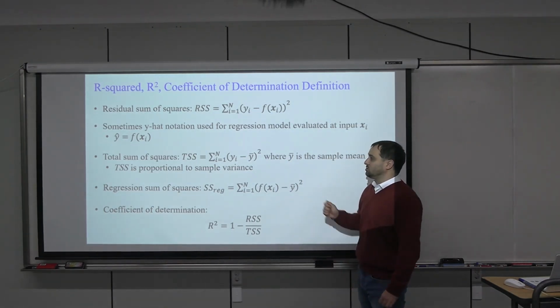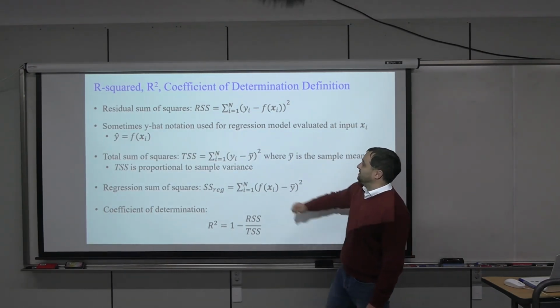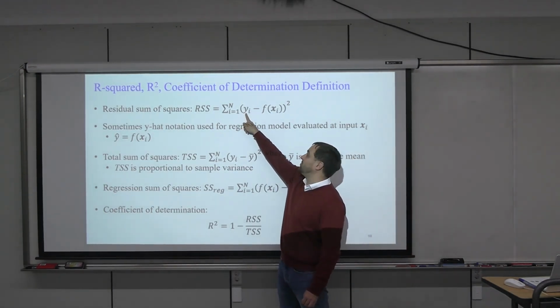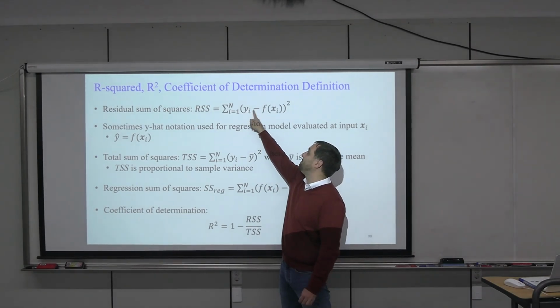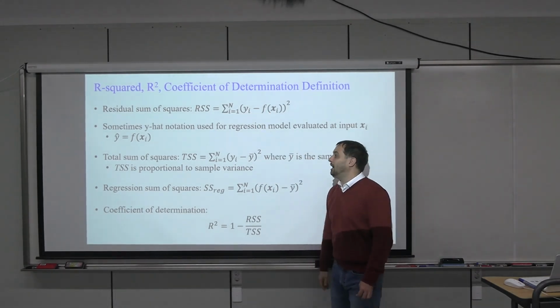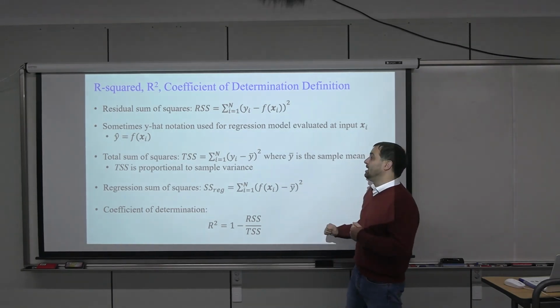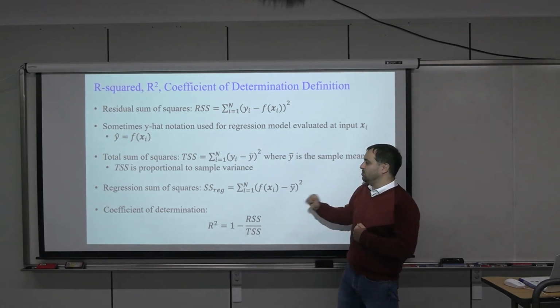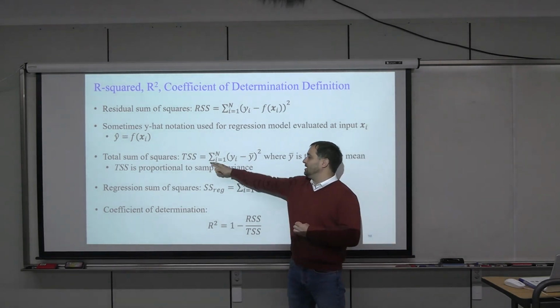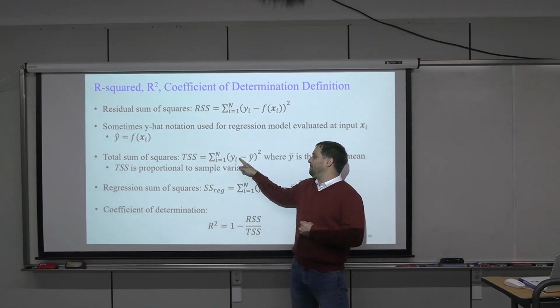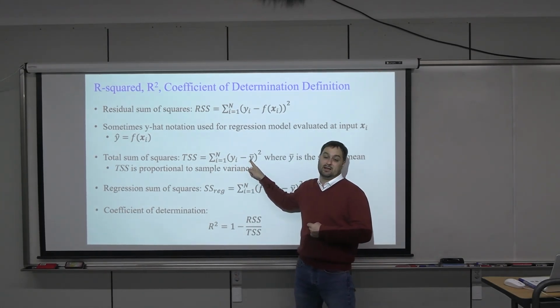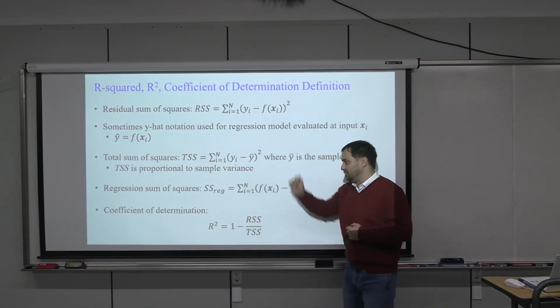And so the residual sum of squares is the sum of yi minus y hat, squared, which we use in our residual analysis. And then we have the total sum of squares, which is yi minus the mean of the sample y's, squared in the sum.